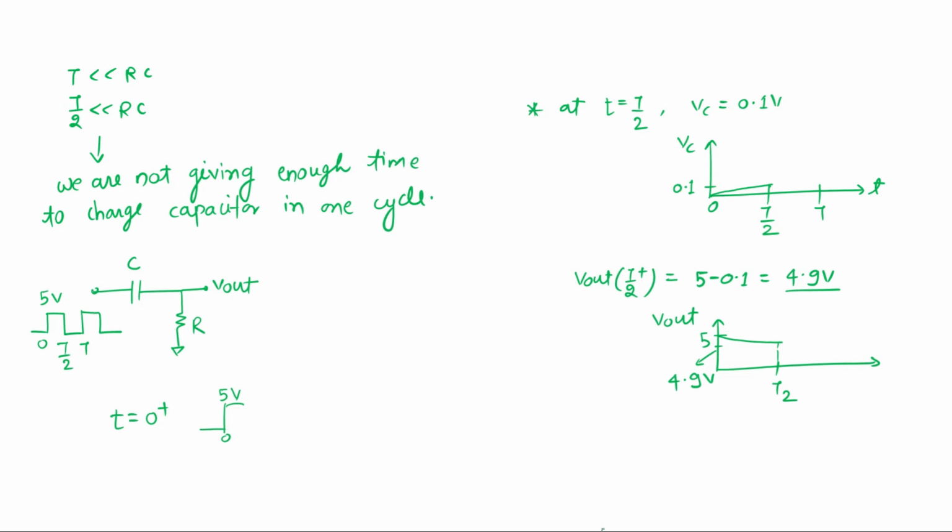So we are seeing that it will take a lot of time for the capacitor to charge as usual. On the other hand, my output will also take a very long time to discharge from 5 volt to 0.